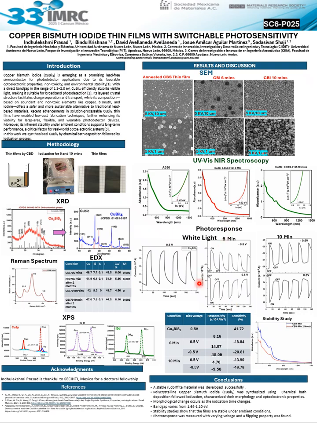Photodetector parameters were also studied. The sensitivity of copper bismuth sulfide was 41.72, and due to this flipping property, the sensitivity of the material changes and we get a negative sensitivity. Then the stability study was done.